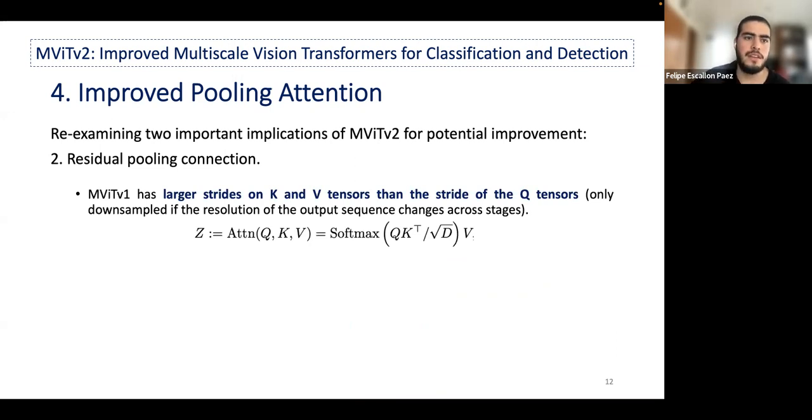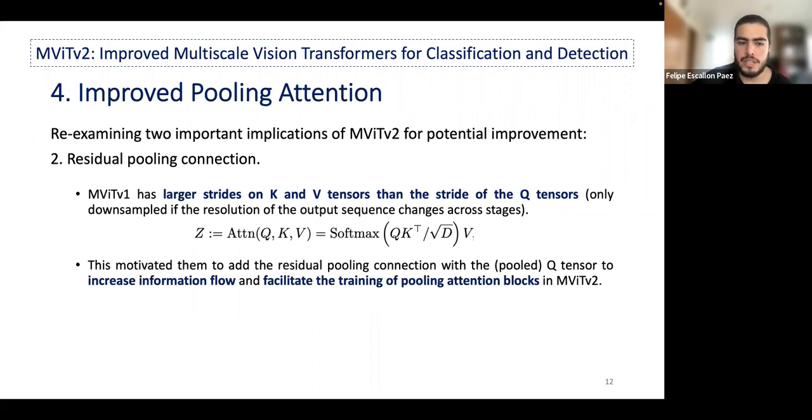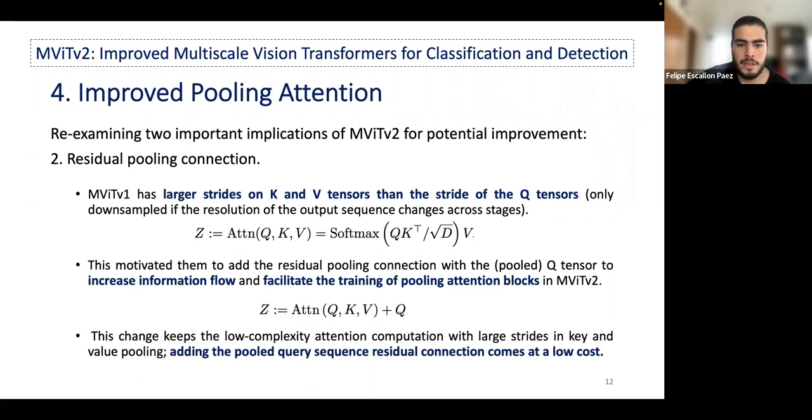So afterwards, in the residual pooling connection, as I already mentioned, they experiment with residual pooling connections. This is not in the main paper, but they do mention they experiment on 3 of the tensors, the query, the key, and the values. But after doing all the ablations, they saw that only doing so in the Q tensor will increase the information flow and facilitate the training of pooling attention blocks.